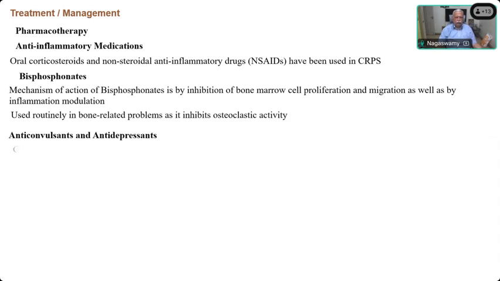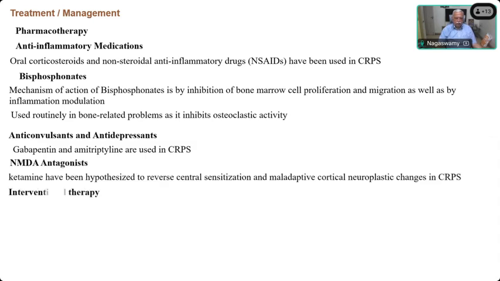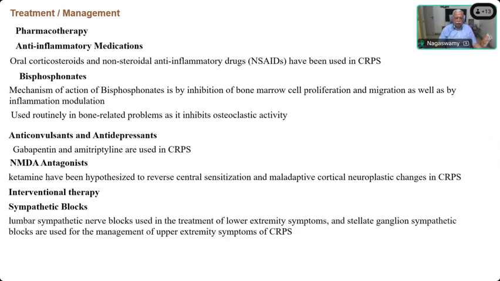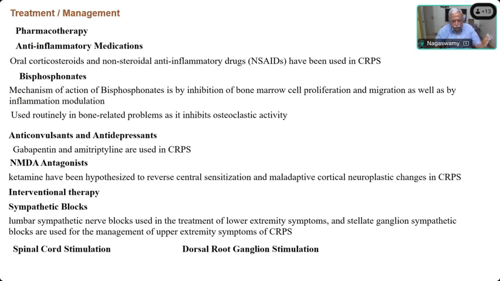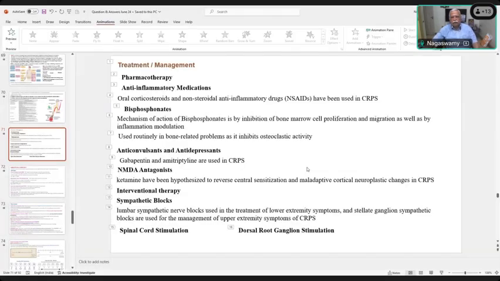Anticonvulsants and antidepressants like gabapentin and amitriptyline, and NMDA antagonists like ketamine can be used. In interventional therapy, one can do sympathetic blocks: lumbar sympathetic block for the lower extremity and stellate block for the upper extremity. Spinal cord stimulation and dorsal root ganglion stimulation have also been tried. So that completes the answer. This much is enough for the CRPS question.